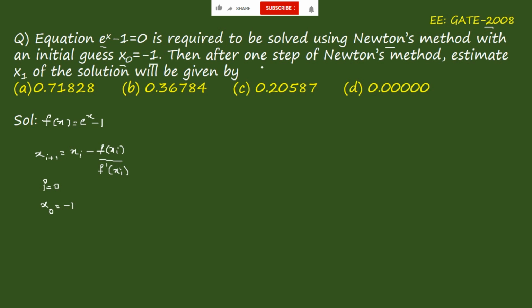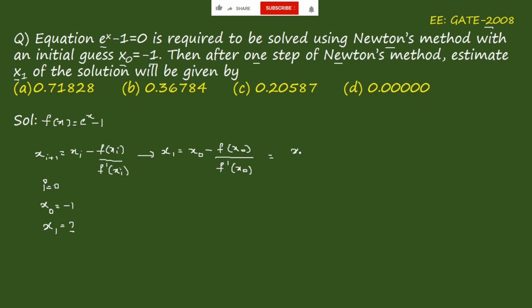Now they are asking for one step of Newton's method. The x1 value, how much would it be, we have to find out. So we have to find the value of x1. Now with i equal to 0, it becomes x1 is equal to x naught minus f of x naught by f dash of x naught, right? f of x naught is nothing but e to the power x naught minus 1.